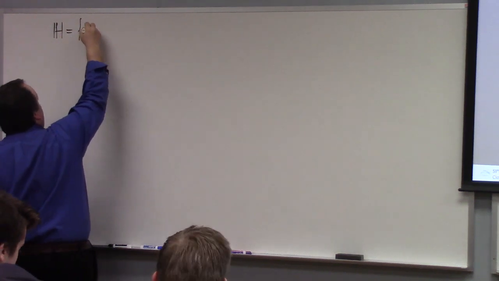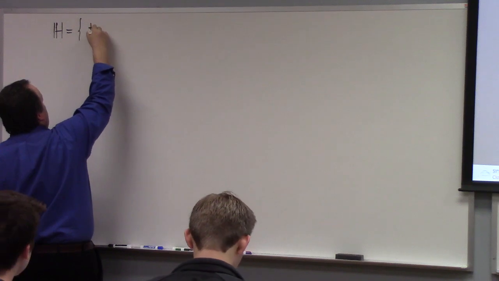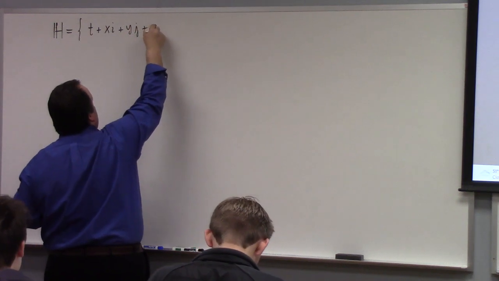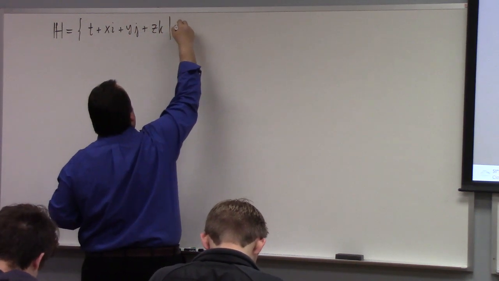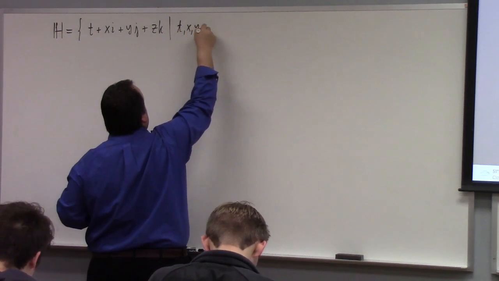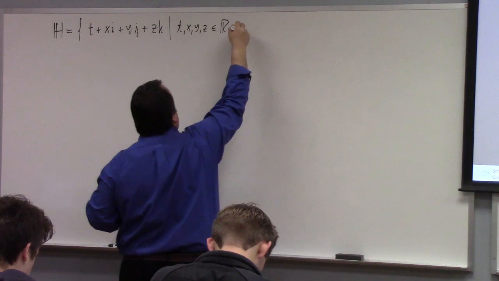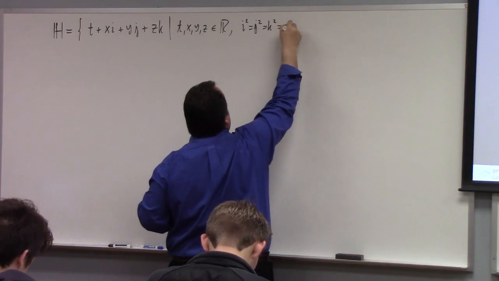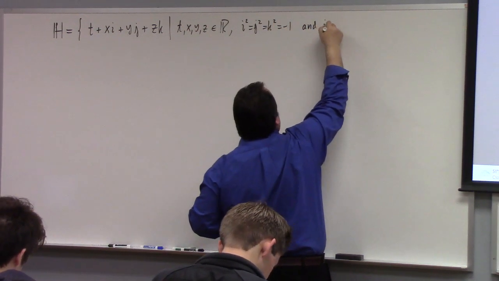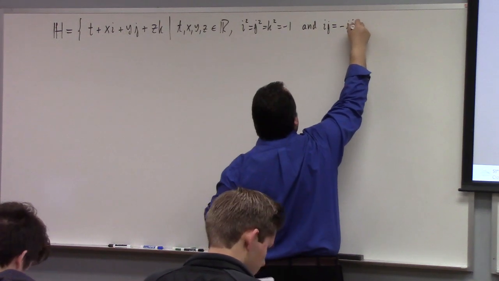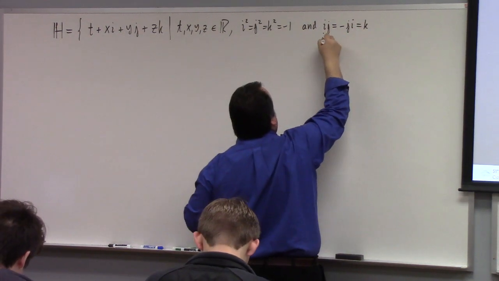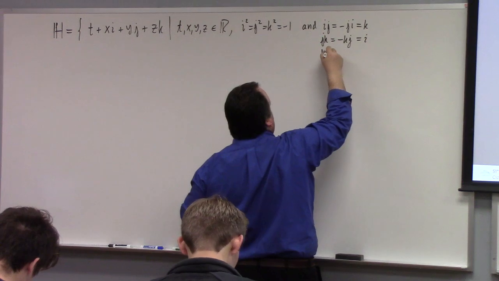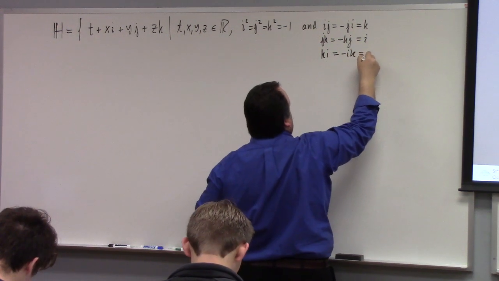The quaternions were the set of objects of the form t plus xi plus yj plus zk, such that t, x, y, and z are real numbers, and i squared equals j squared equals k squared equals -1, and ij equals -ji equals k, jk equals -kj equals i, and ki equals -ik equals j.